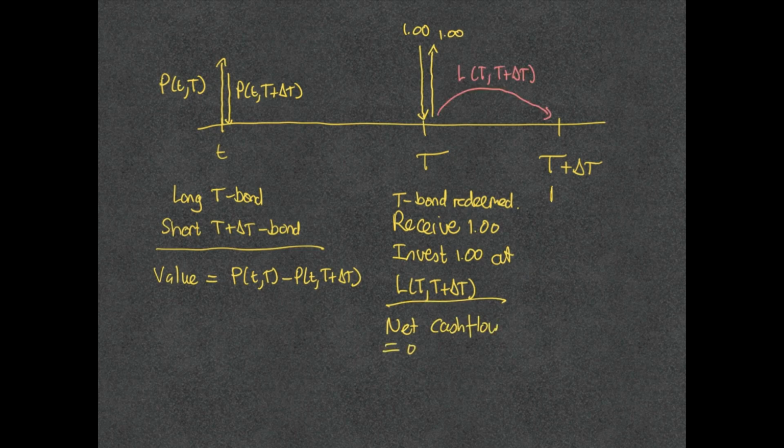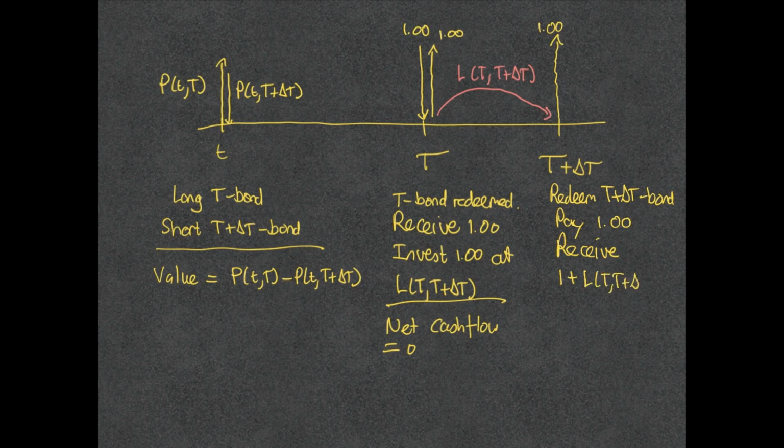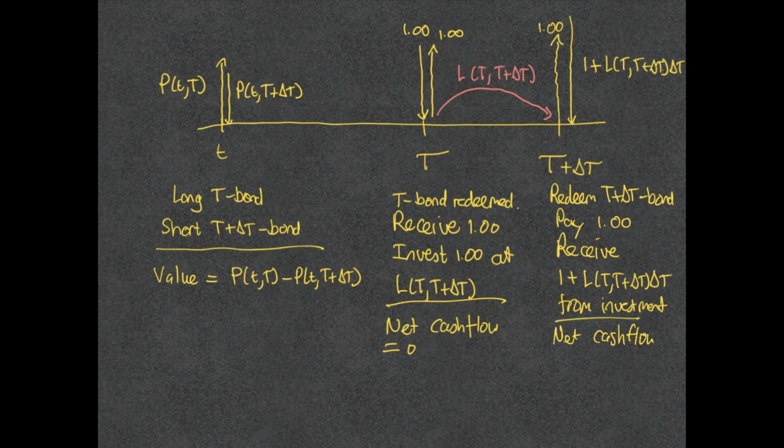At time T plus delta t, we will have to redeem the T plus delta t bond that we are short. In other words, we will have to pay 1. However, our investment made at time capital T will yield an income of 1 plus L times delta t. And thus the net cash flow at time T plus delta t is simply the difference, i.e. L times delta t.